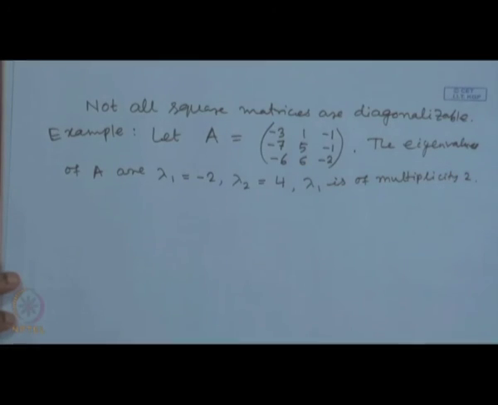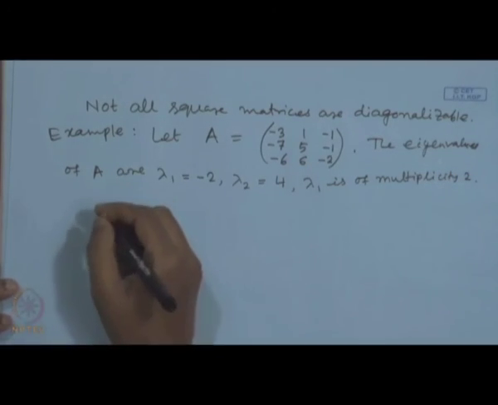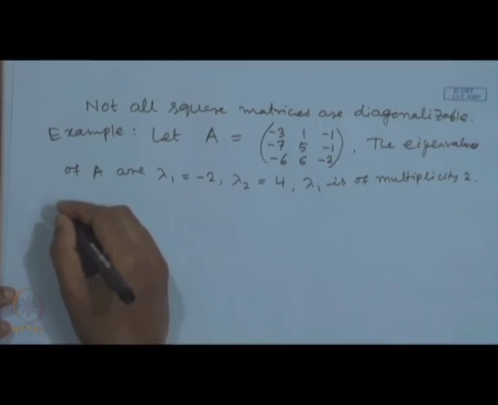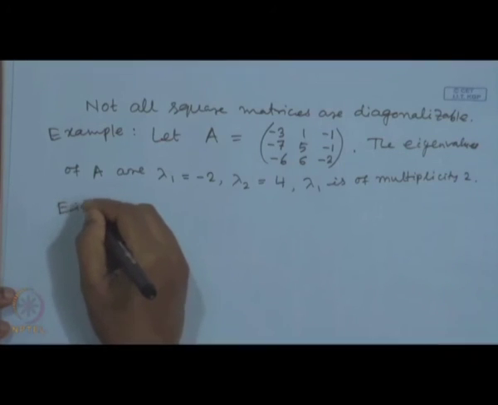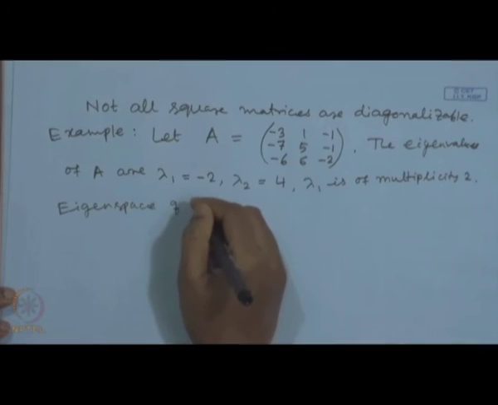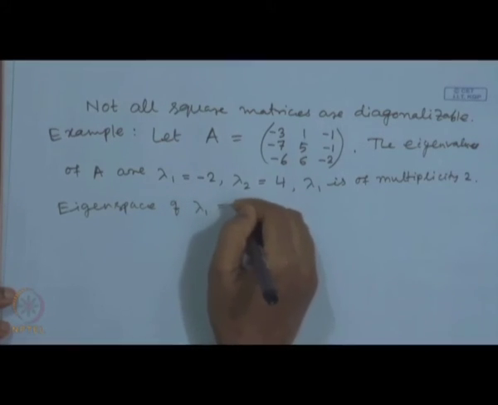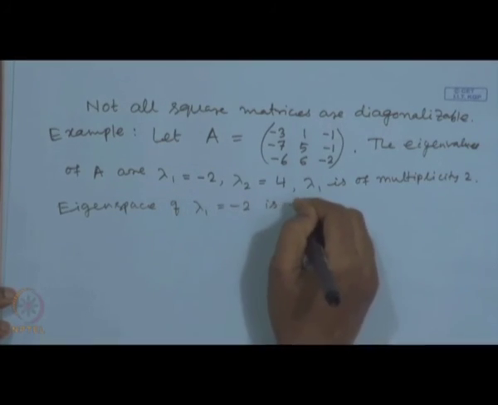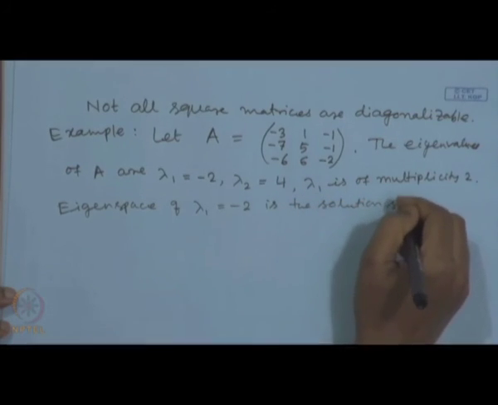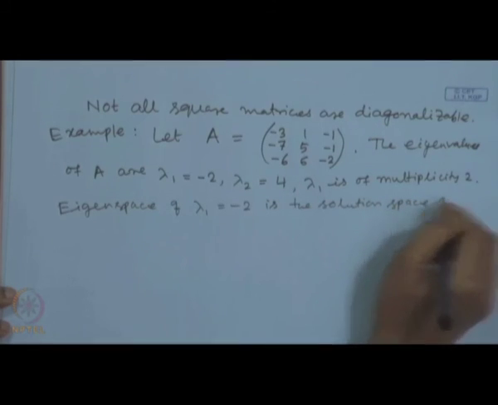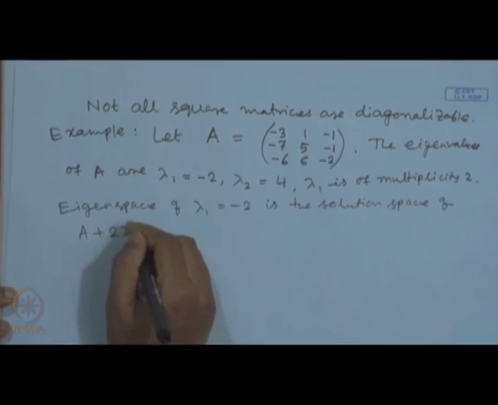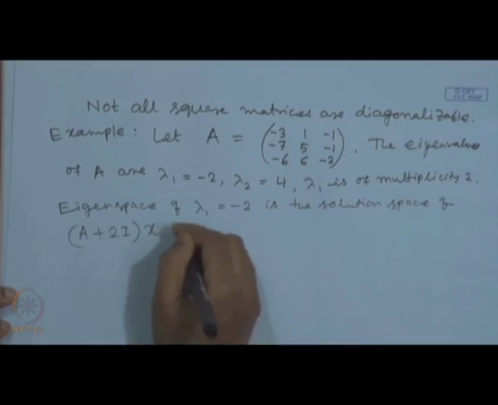The eigenspace of lambda 1 is the solution space of the system A plus twice I times x equal to 0.